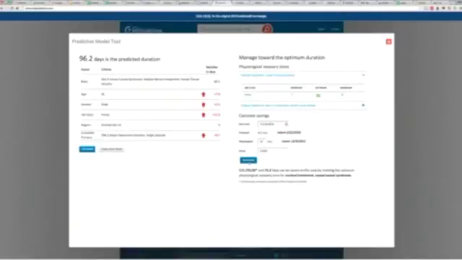Now, this is not a kind of legally backed piece of information. What this is saying is, based on the millions of pieces of case data we've got, we can be pretty sure that if you achieve optimum timescales, which are achievable, then this is the type of money you're likely to save.